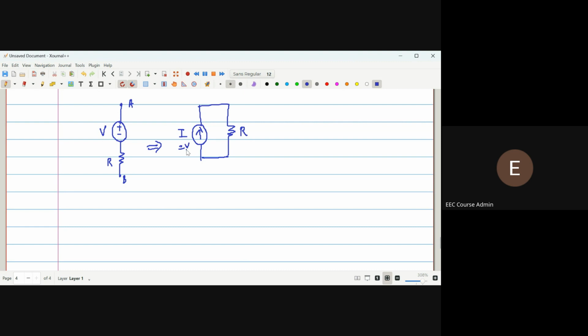This I will be V by R, and it is shown upwards because the polarity of this voltage is plus minus. If it was minus plus, the current would be in the reverse direction. This will be V by R.